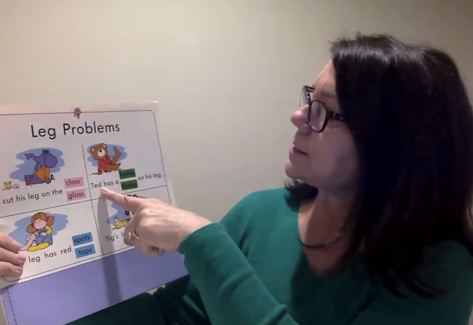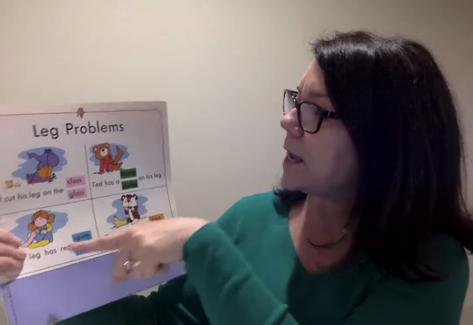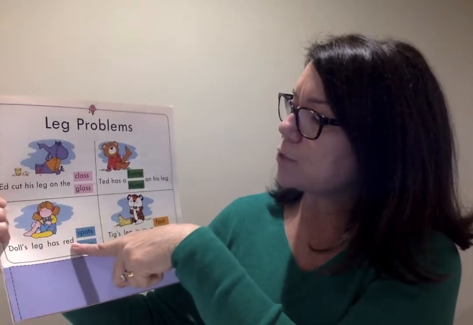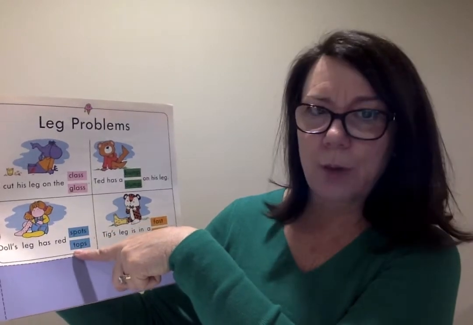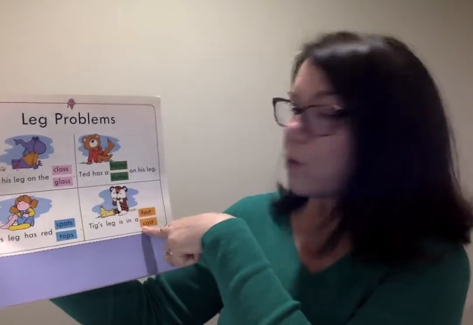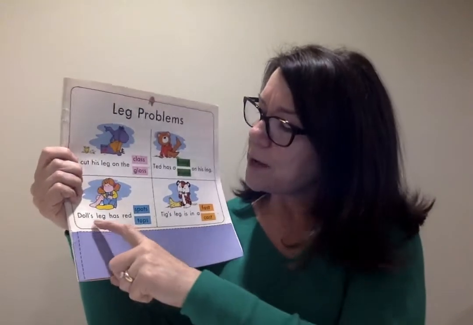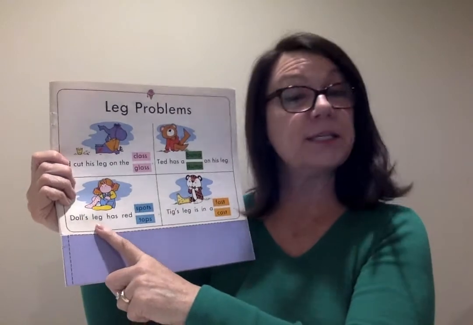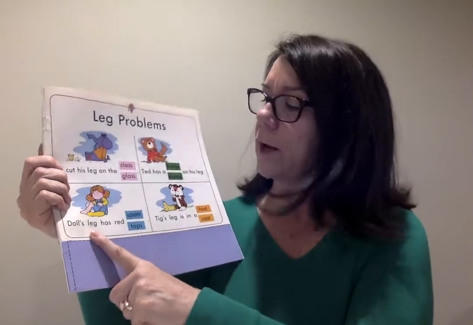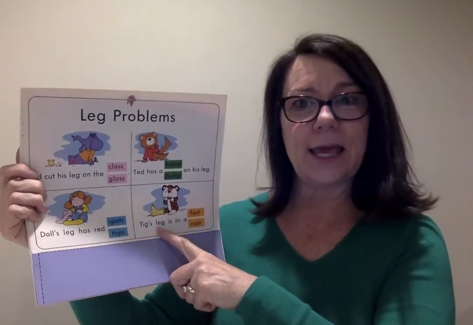The next sentence is Ted has a bump or a dump on his leg. Doll's leg has red spots or tops. Tig's leg is in a fast or a cast. So you have to circle the correct answer. Remember that apostrophe S means that something belongs to someone. So it's Doll's leg and it's Tig's leg.